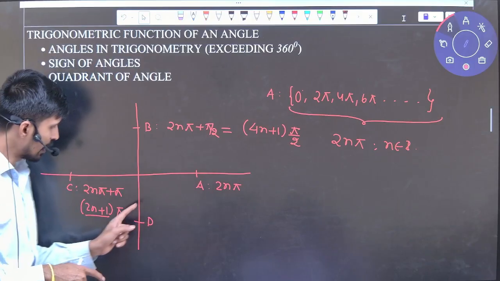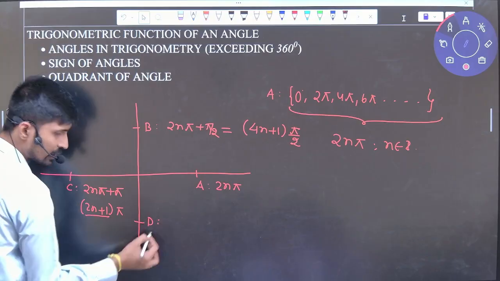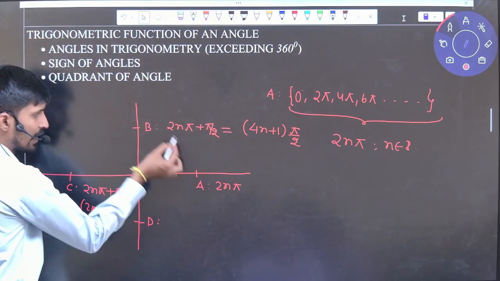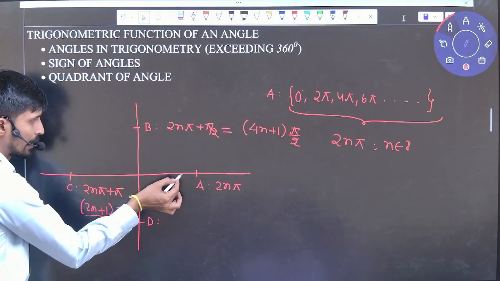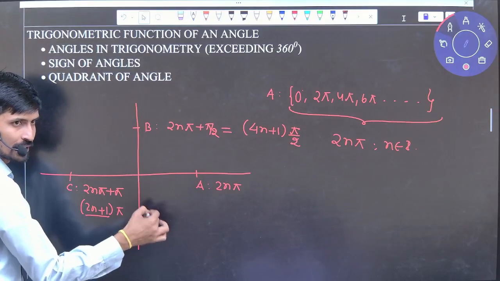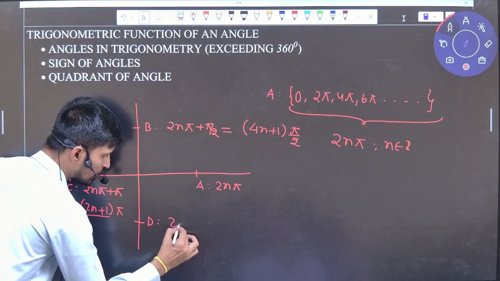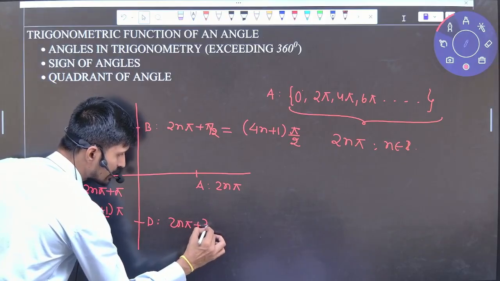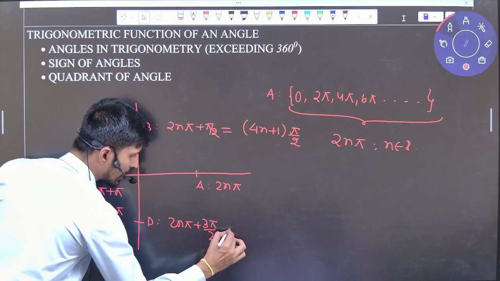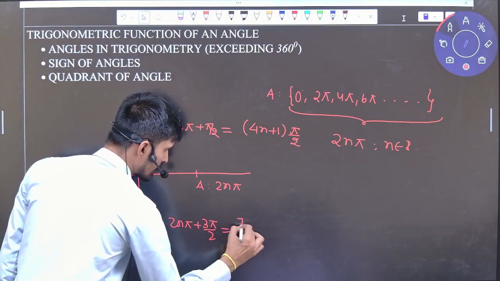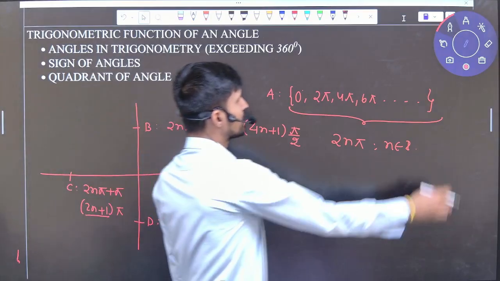Yes, na? Now I want to write for D. So in this 2n pi, I will add how much? Pi by 2, pi by 2, pi by 2, 3 pi by 2. So that will become 2n pi plus 3 pi by 2, and this will become (4n plus 3) pi by 2.